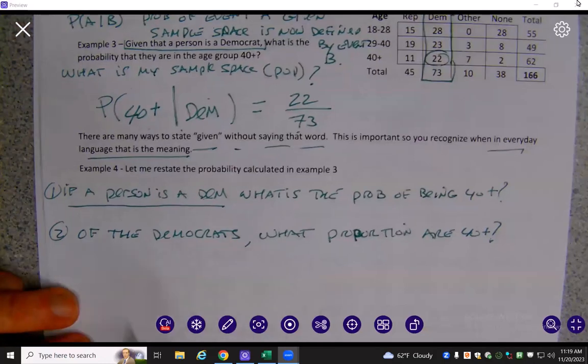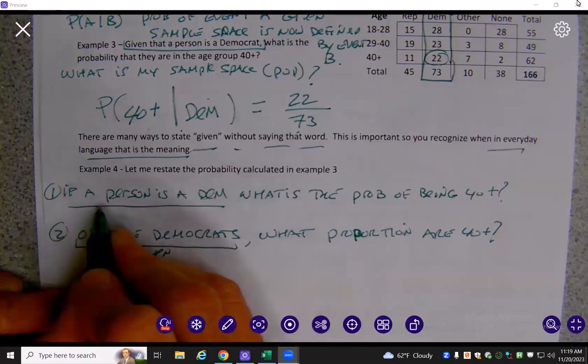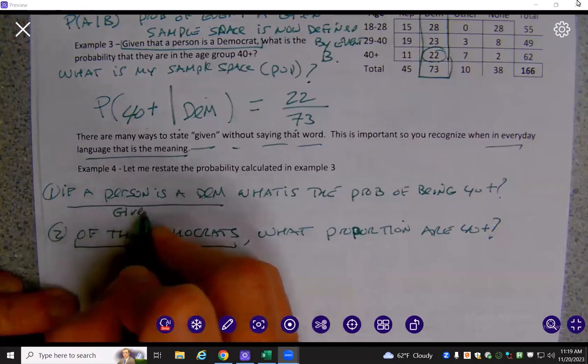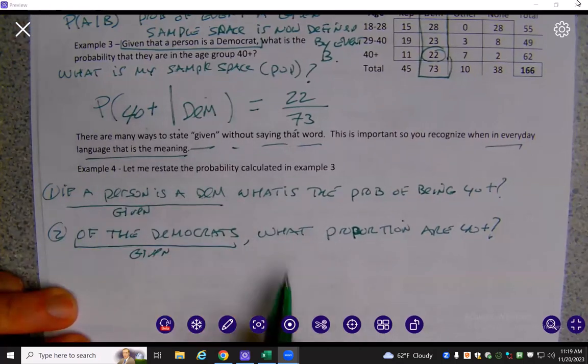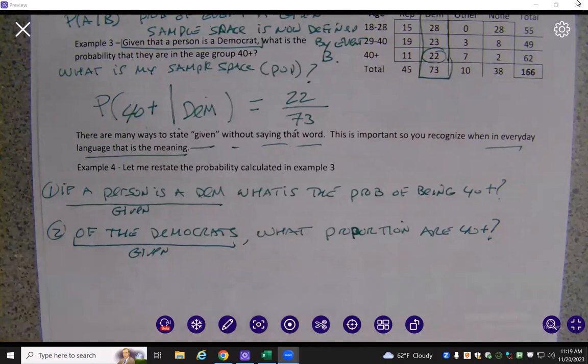So "of the Democrats" is saying given. If a person is a Democrat, that's implying given. And then what proportion? What is a proportion? The way we're using it, it's a probability, right? We're sticking within 0 and 1. So for our purposes, it is a probability. Okay, so that's another way of stating this.